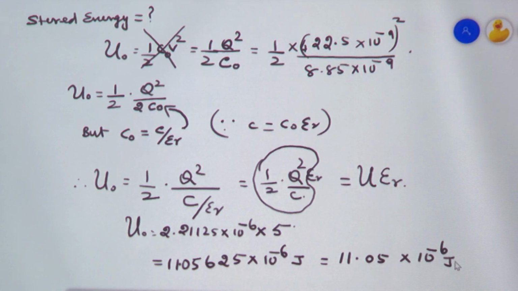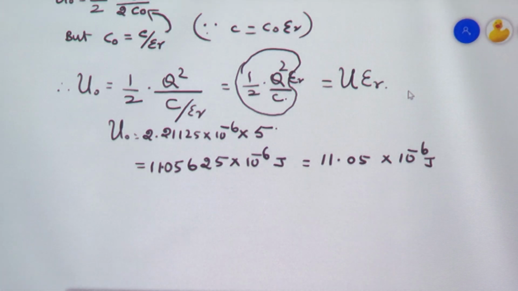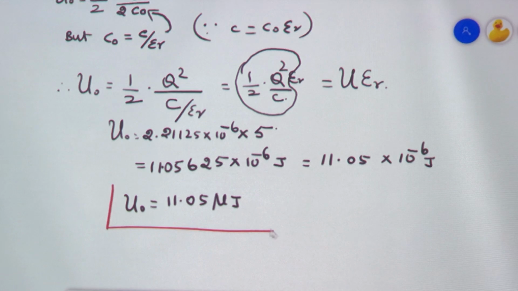Removing 10 power minus 6, I get the value of the energy stored, epsilon 0, as 11.05 microjoule. This is the energy stored in the capacitor after removing the dielectric, when air occupies the space.